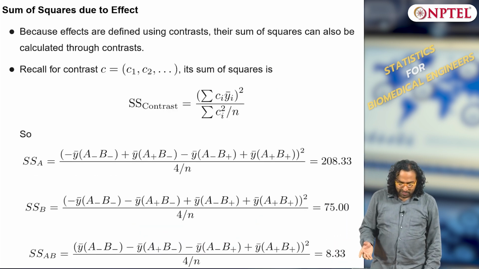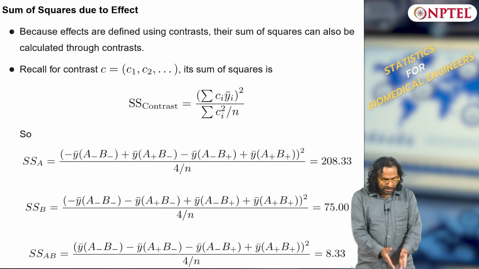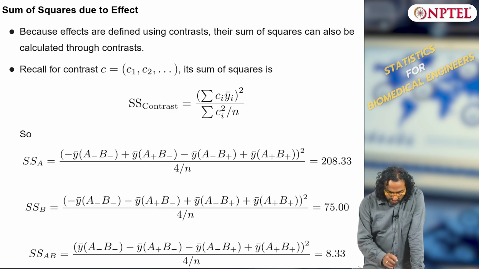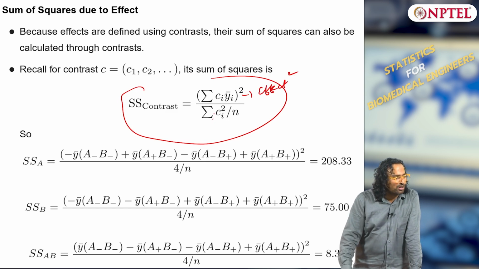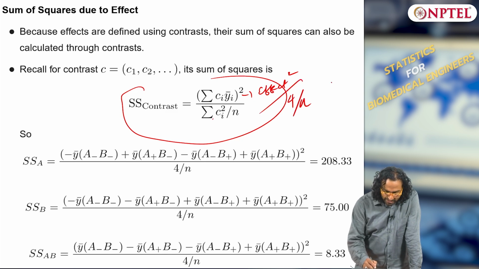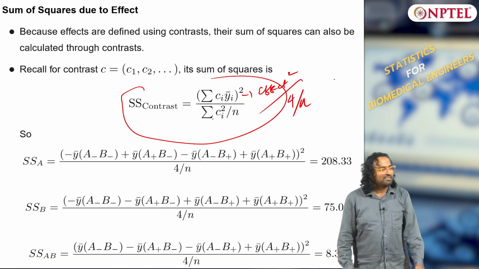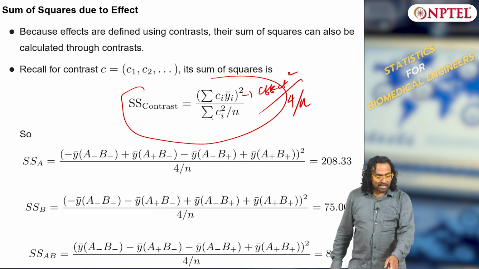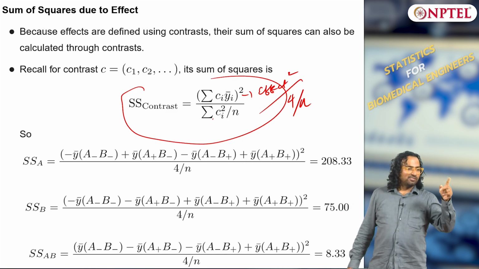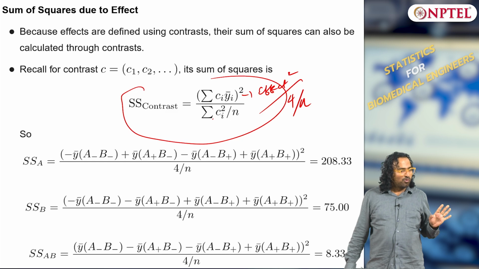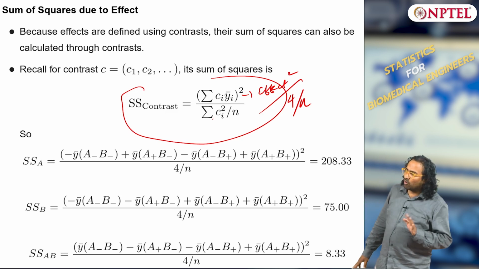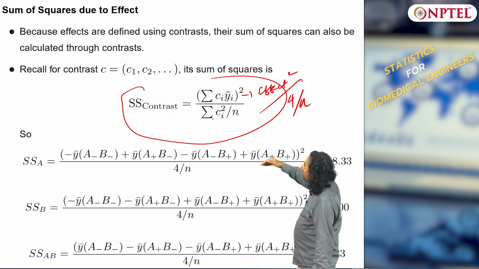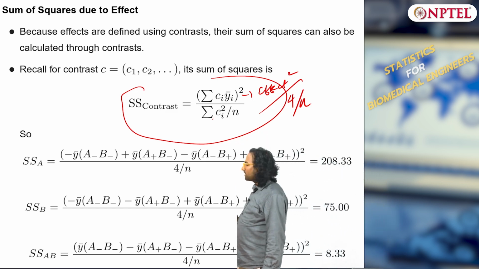It is nothing but fx square divided by the total, so when you take sum square contrasts, this is what your sum square is, this is nothing but your effect, fx square divided by the total, which is nothing but in this case 4 by n. What is Ci? Ci is how much, how many levels are there? 2 levels. Ci square is nothing but 4 divided by n.